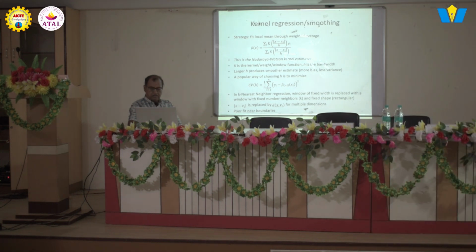Now I'll talk about a small variation of the Nadaraya-Watson estimator. See here, the bandwidth is chosen once and for all for the entire estimate. And remember, the thing estimated is a function. We are estimating a function.